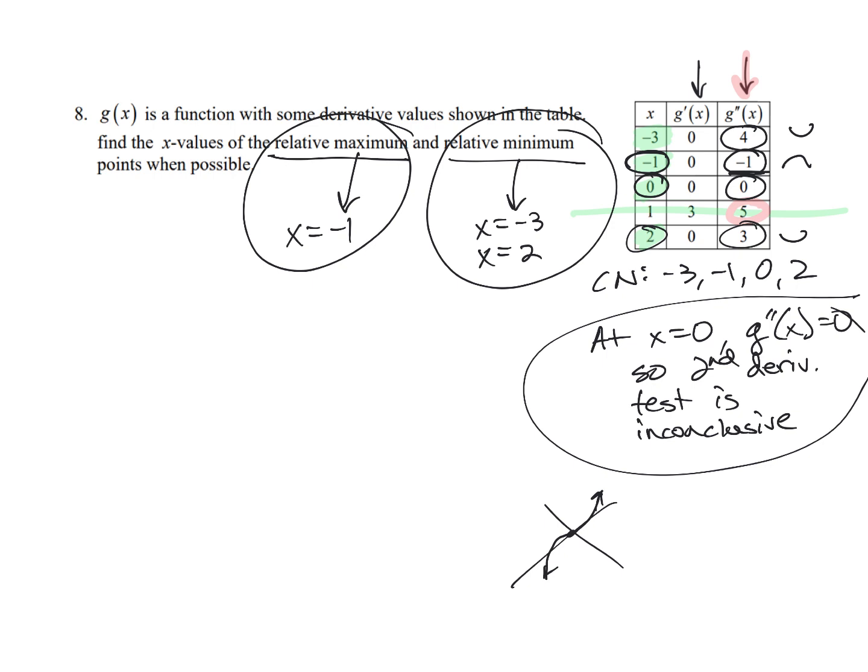Does it say anything about explain on here? Find x. Okay, it doesn't say to explain, but if it had said to explain why, then you would say I have a relative max at x equals -1 because G double prime at -1 was, was it positive or negative? Negative.